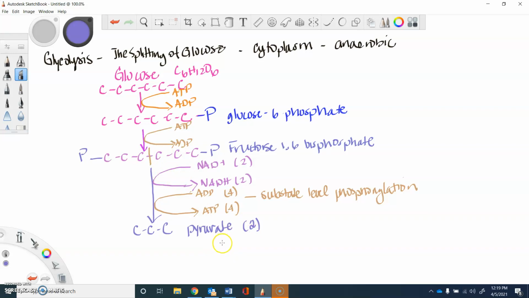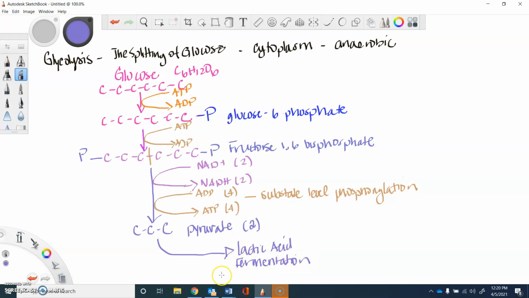There's 2 things that can happen to pyruvate. The first thing that can happen depends on whether or not there is oxygen available. Okay? If there is no oxygen available, then pyruvate will go into a pathway called fermentation, and it will make lactic acid. This is called fermentation.